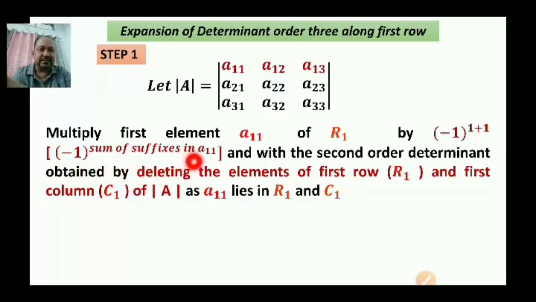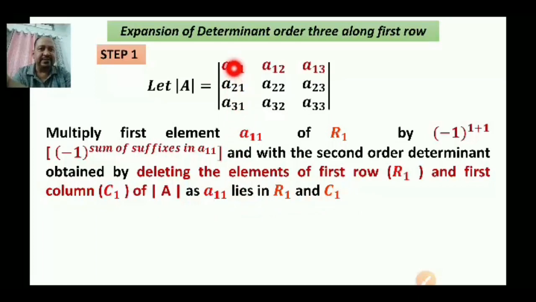So (-1) to the power of the sum of the suffixes in a11, and with the second order determinant obtained by deleting the elements in the first row R1 and first column C1 of determinant A, as a11 lies in R1 and C1.